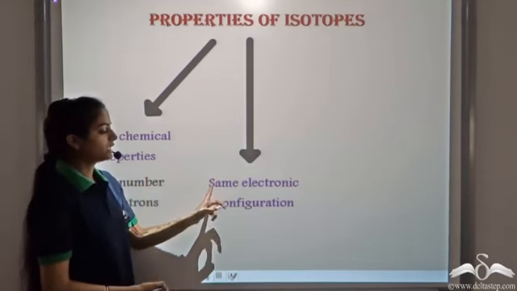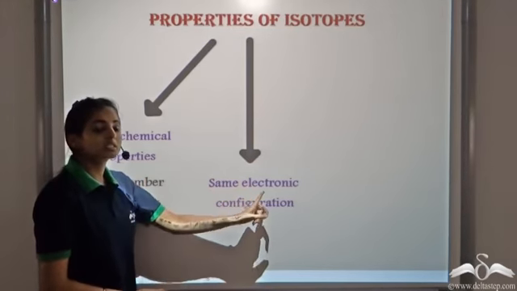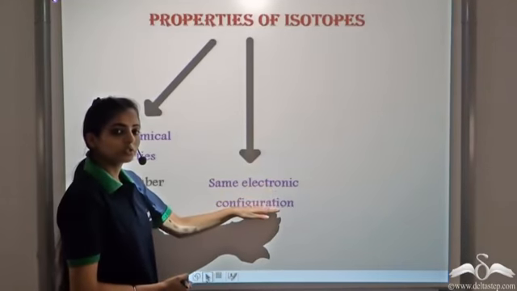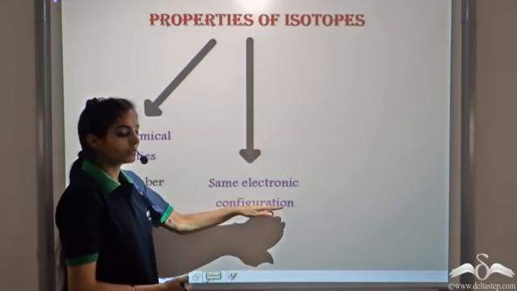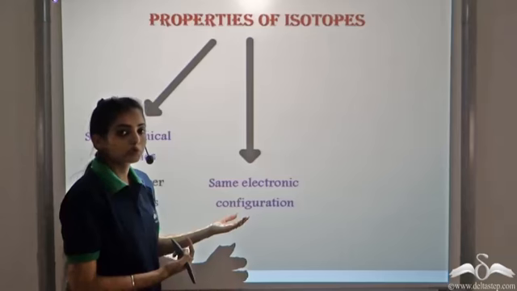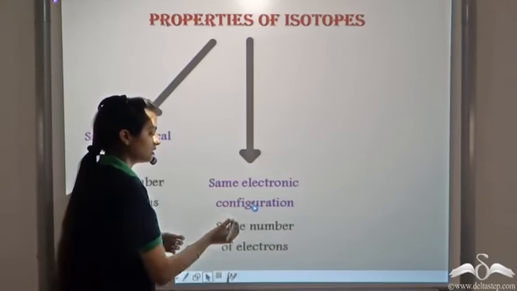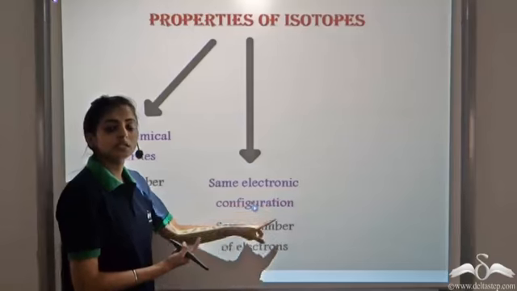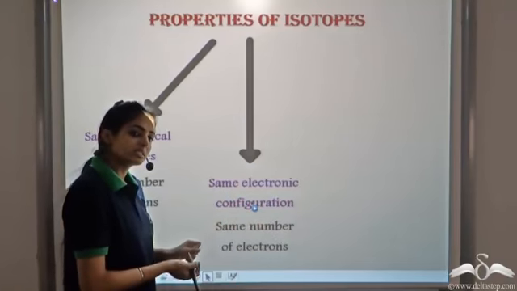The second property is that the isotopes have the same electronic configuration. The electronic configuration, or the electronic arrangement, of the isotopes depends on the number of electrons. Again, the isotopes have the same number of electrons. That is why their electronic arrangement remains the same.